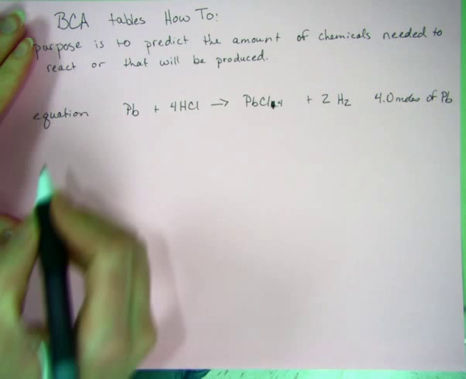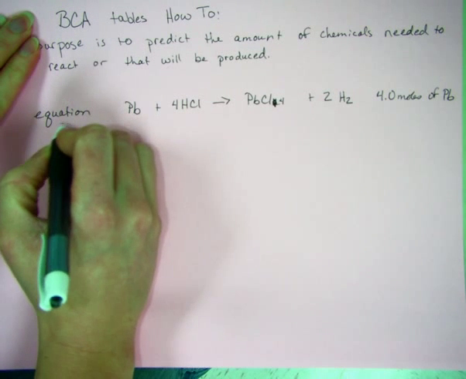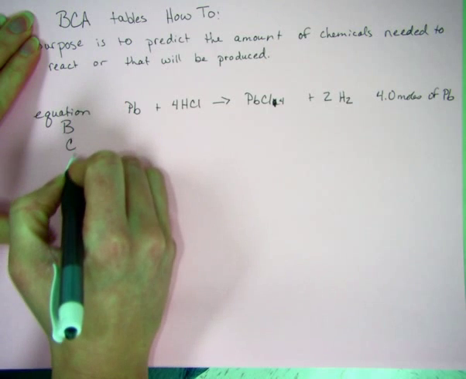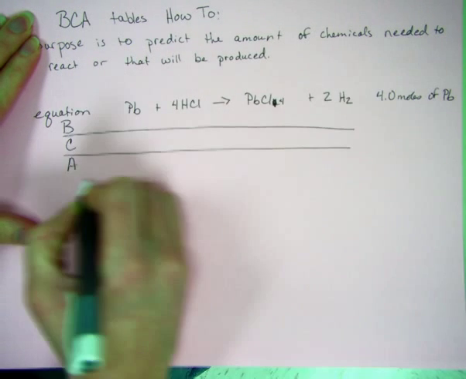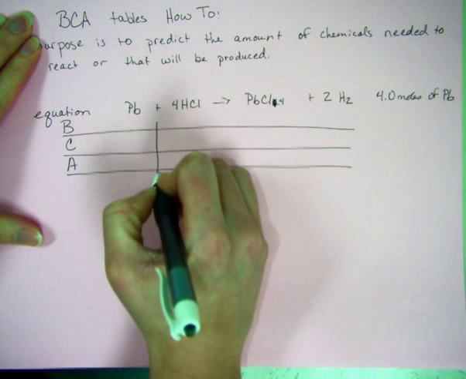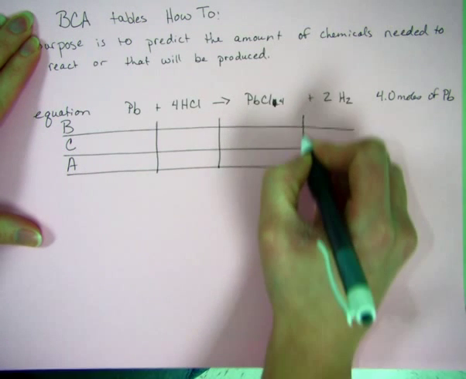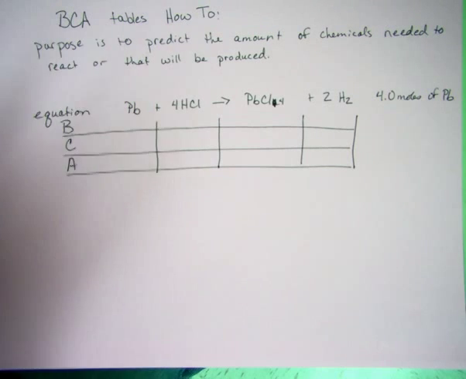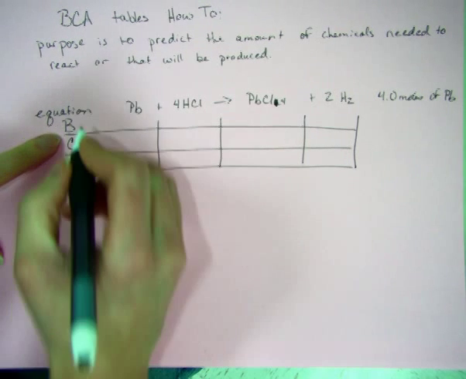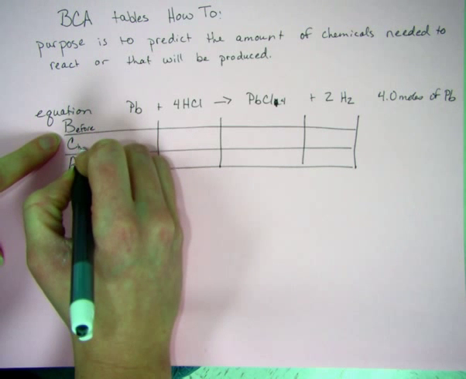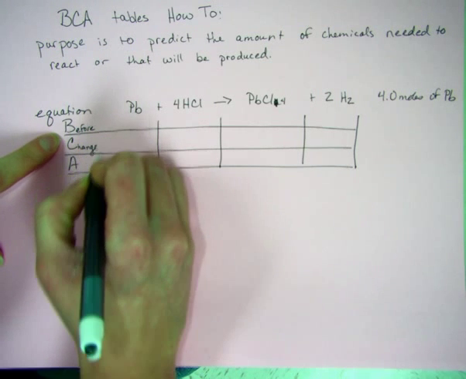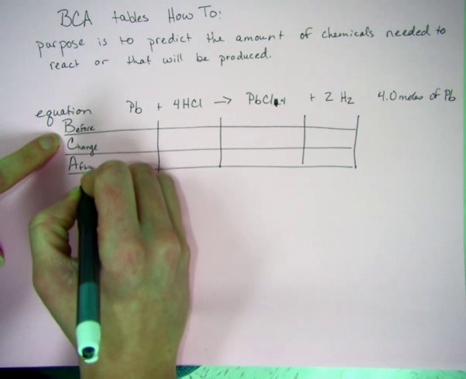Next, we put in what is called the BCA table. So we do the B, C, A, and we make it into a table. So we need some nice long lines here, divided up. Each chemical compound gets its own column. The B stands for before, C stands for change, and A stands for after.